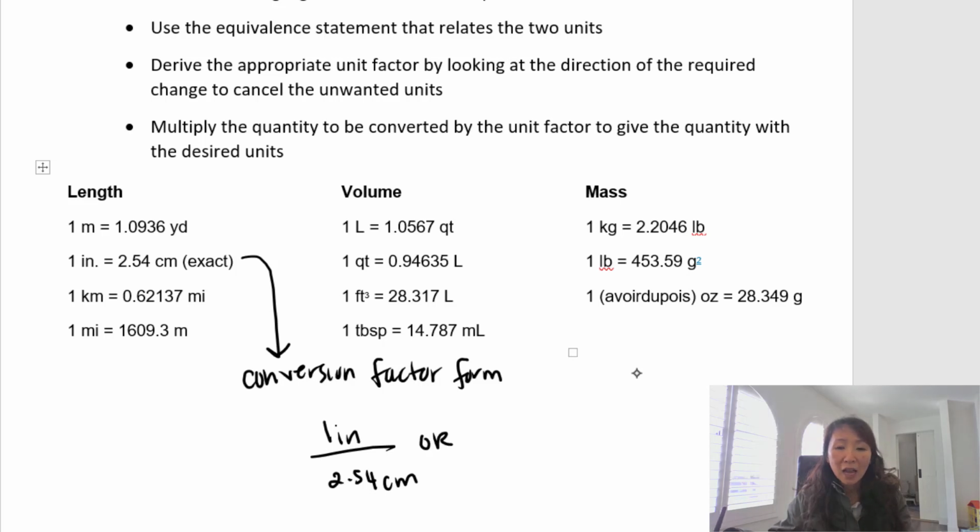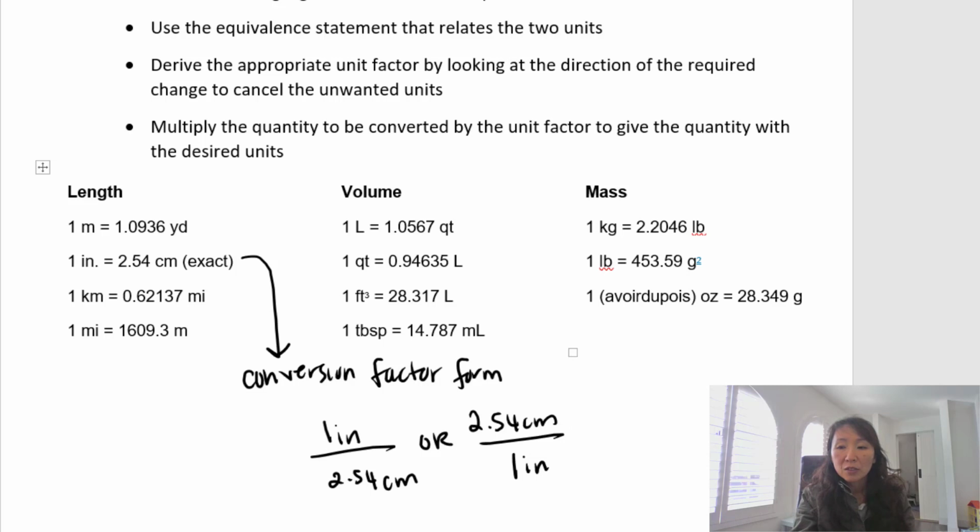Or we can write this as 2.54 centimeters on top and 1 inch on the bottom. Either way, those are both correct conversion factors. But it will depend on which one we're going to utilize in order to do a calculation.